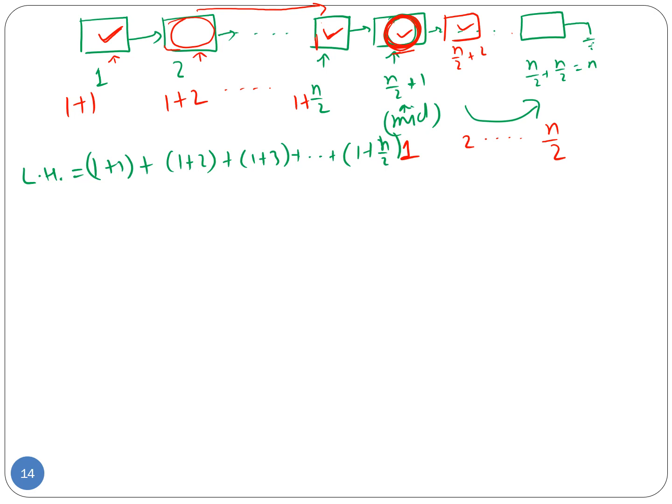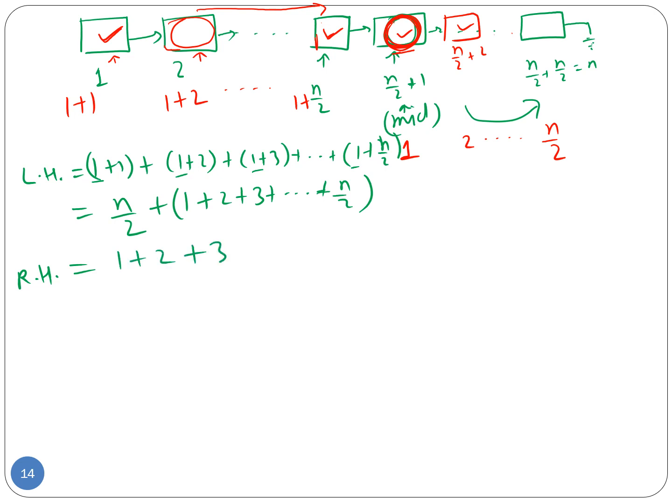You notice that there are n by 2 ones here, so we can take this out, and the sum of these would be simply n by 2, and then we have this series 1 plus 2 plus 3 plus so on up to n by 2. So this is the total number of comparisons in the left half, and the total number of comparisons for items that are found in the right half is given by simply 1 plus 2 plus 3 plus so on up to n by 2.